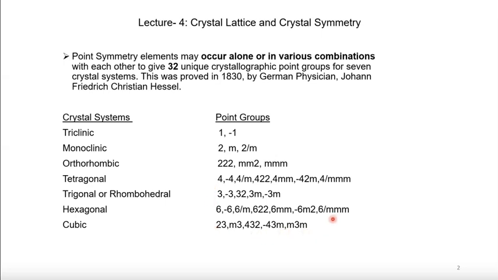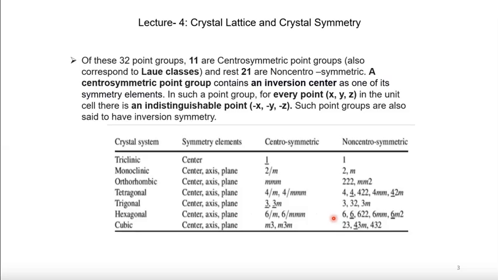Now we go to the next slide, and you see we have 32 point groups. Of these point groups, 11 are centrosymmetric point groups. These centrosymmetric point groups are also known as Laue symmetry, or Laue classes. Then what is a centrosymmetric point group? It must have an inversion center.